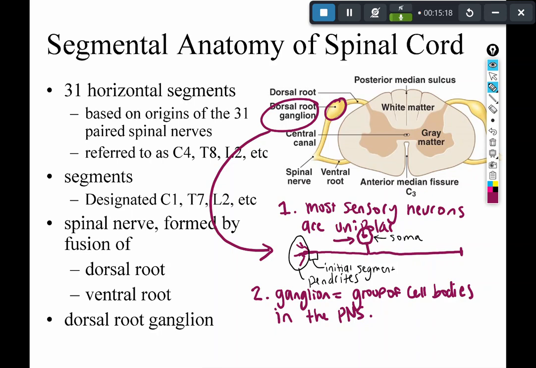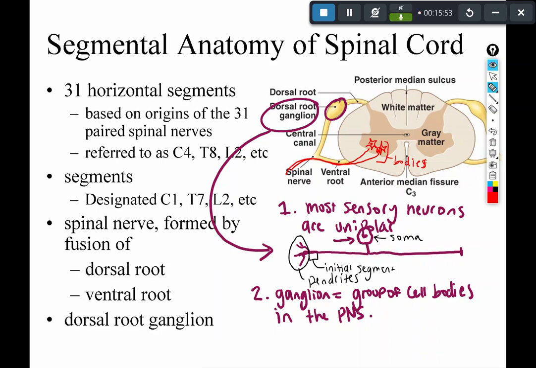So if I tell you that the cell bodies of lots of different kinds of motor neurons are sitting in the ventral gray horn of the spinal cord, and that they project their axons out like so, we don't need a ventral root ganglion because the cell bodies are positioned inside of the spinal cord.